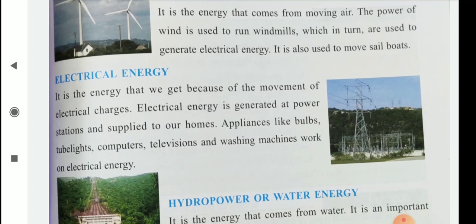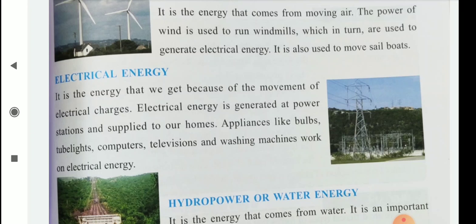It is the energy that we get because of the movement of electrical charges. Electrical energy is generated at power stations and supplied to our homes. Appliances like bulbs, tube lights, computers, televisions and washing machines work on electrical energy.